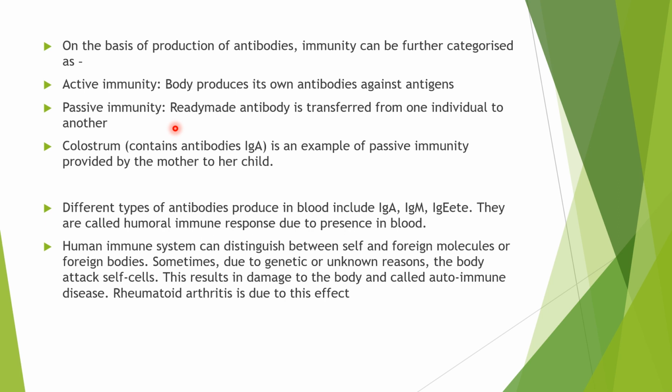Do you know why mother's milk is considered very essential for the newborn? Because the yellowish fluid is colostrum, which contains antibodies of immunoglobulin A, and it is the best example of passive immunity provided by a mother to her child.